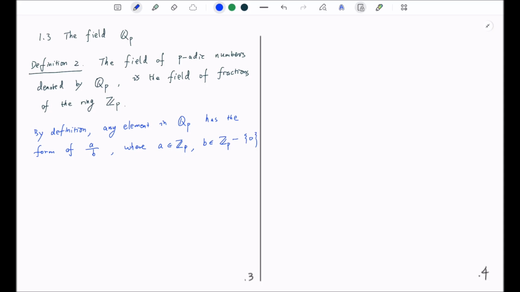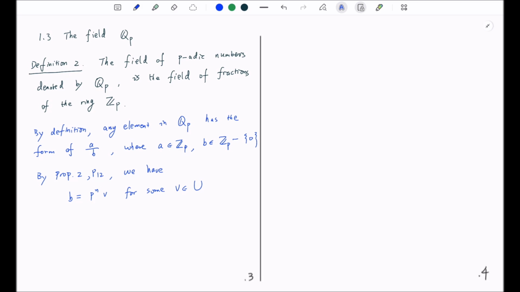And now recall by proposition 2 on page 12 of Sayre's book, we have that B is equal to some power of p times V for some invertible element V in Z_p.